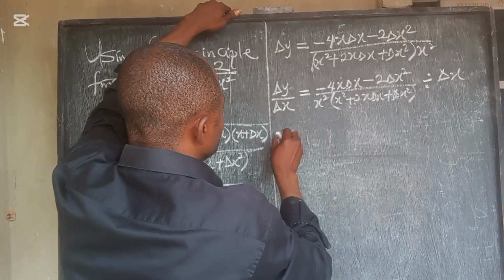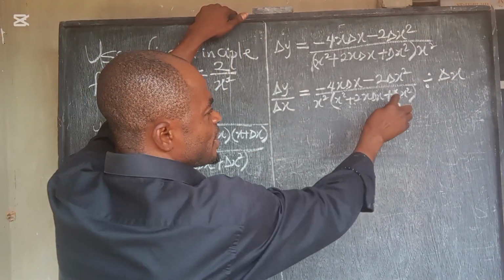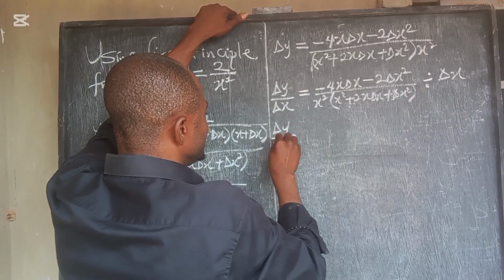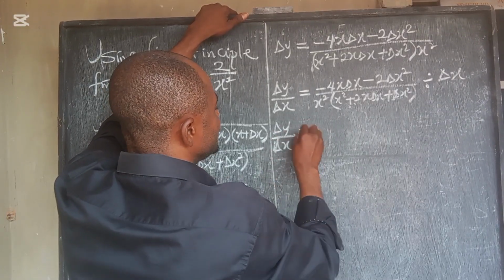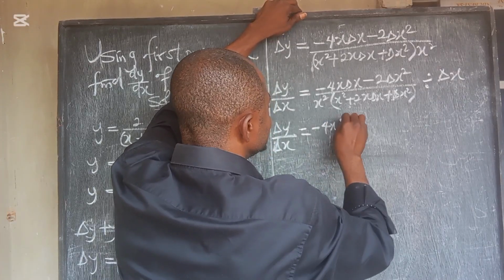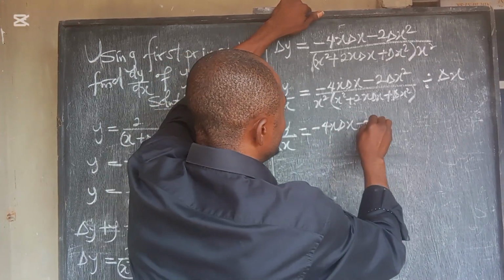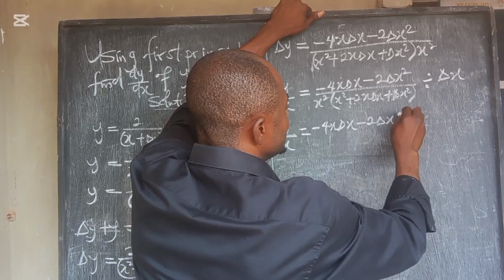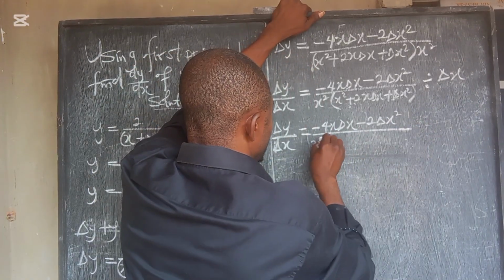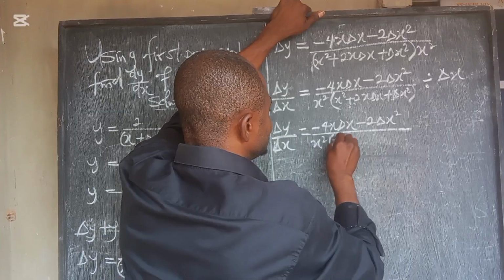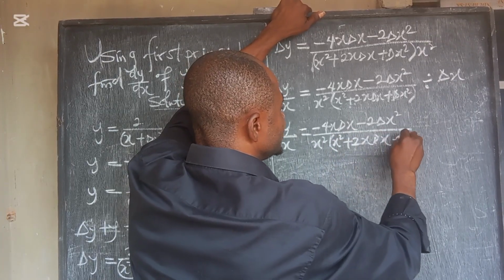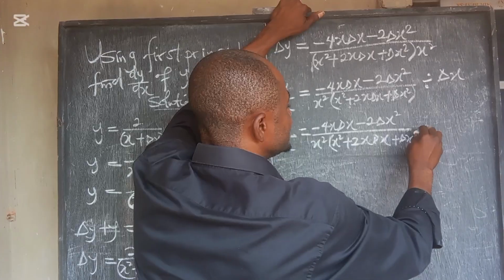Then I repeat what is there. Then we have minus 4x change in x, minus 2 change in x square, then everything all over x square into bracket x square plus 2x change in x plus change in x square.